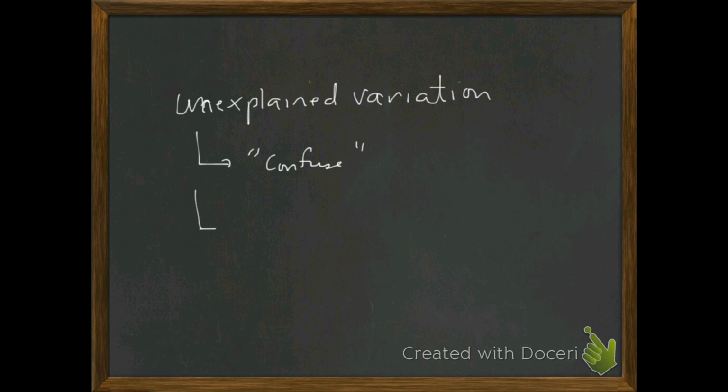Unexplained variation will cause the true mean difference to get caught up in what we call noise. And noise is just, again, unexplained variation.